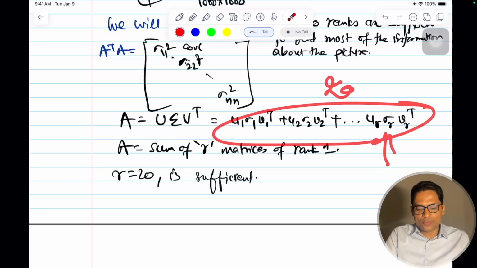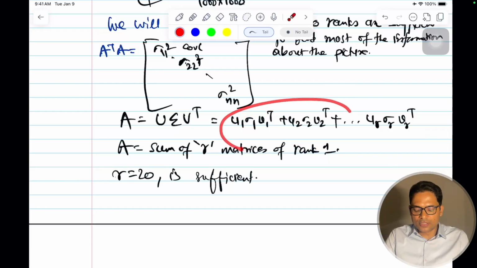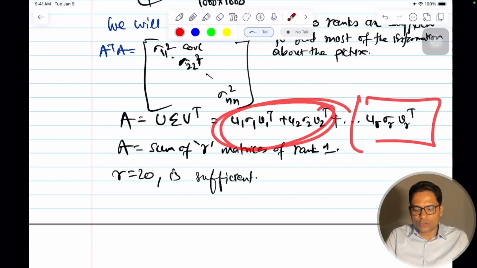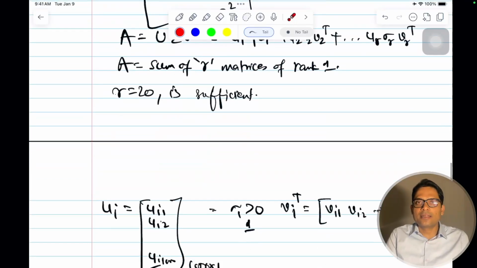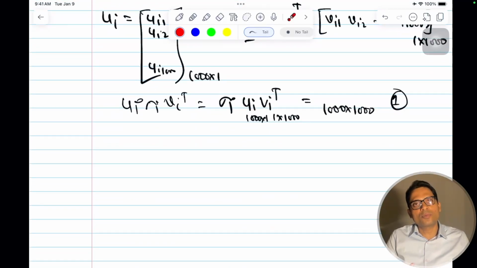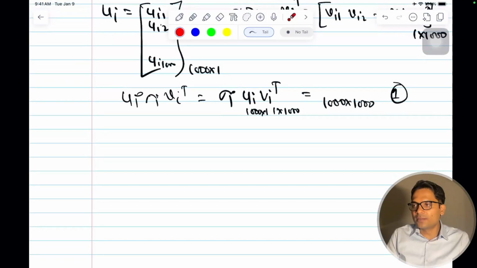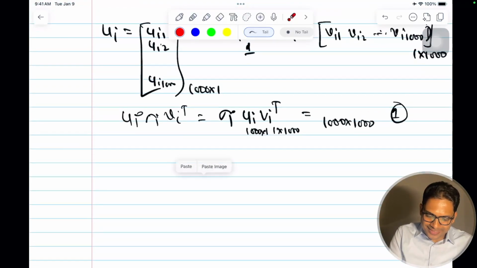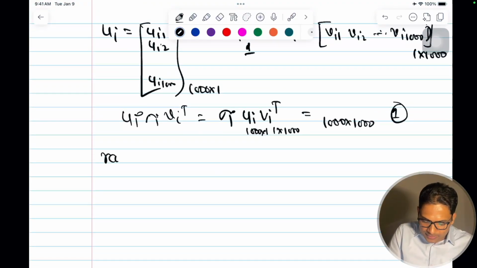If I just send the top 20 matrices, can they recreate the picture at the downlink and will it be convincing? So what will be the information that we send? The rank is 20, that's why I want to send such 20.